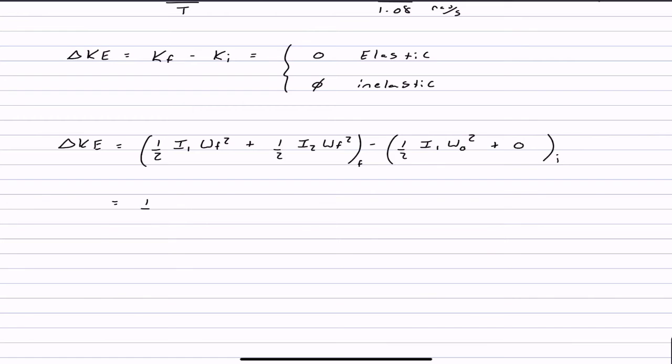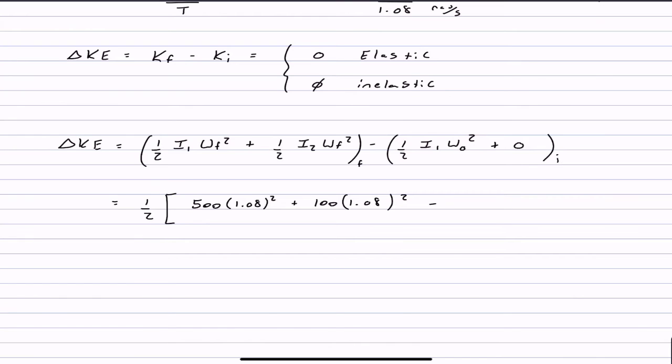So we can factor out 1/2, and then we just plug in for the rest. Then we have 500 times 1.08 squared, plus, remember this was 25 kilograms times r squared, which was 4, so that's 100, so that's 100 times 1.08 squared. I could have factored that out, but that's okay.